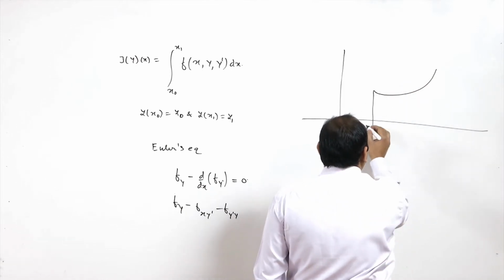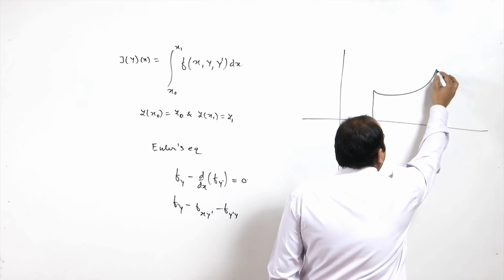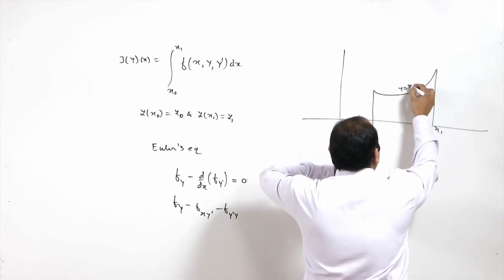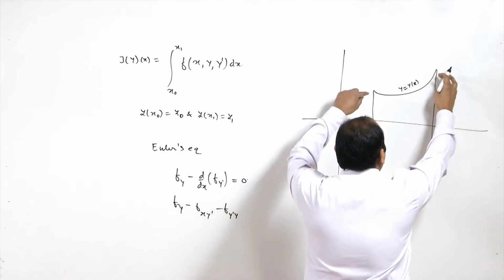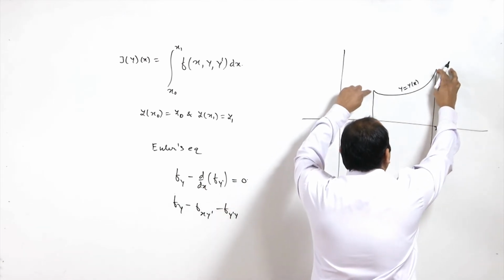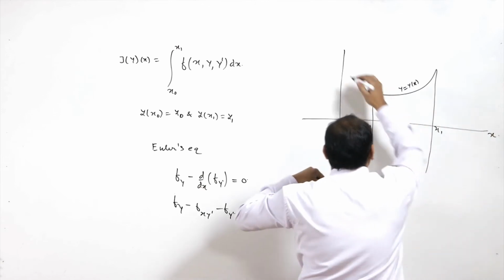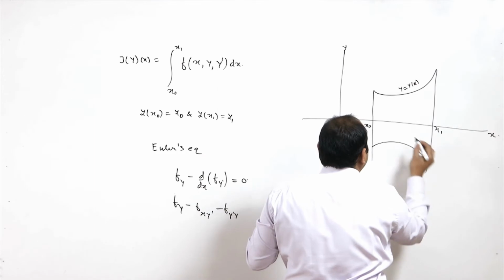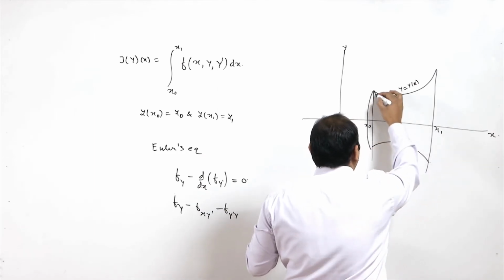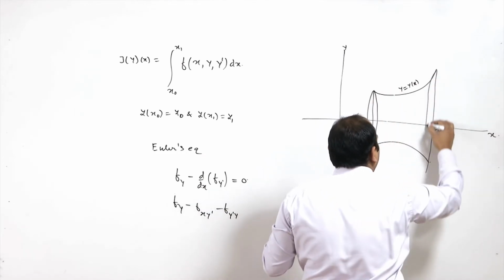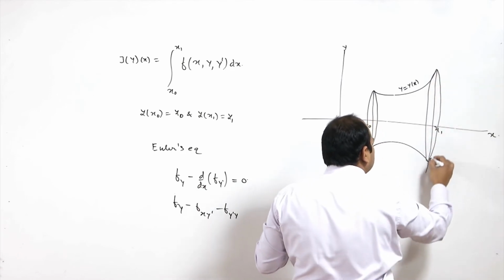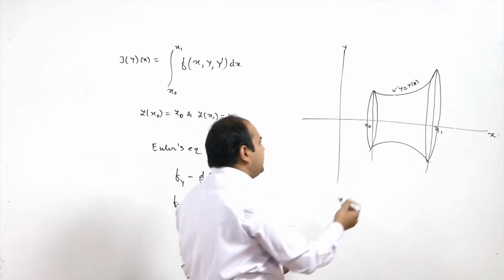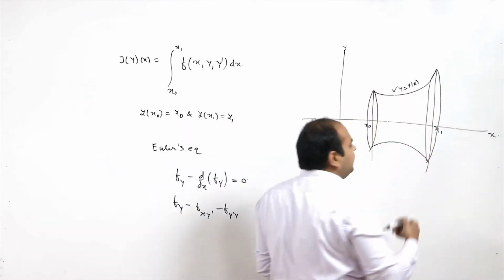This is your point x0, and this is the point x1, and this is y of x. If we revolve this curve about the x axis, you will get a surface like this, and we want to find out for what curve y equal to y of x the surface area of this shape is minimum.